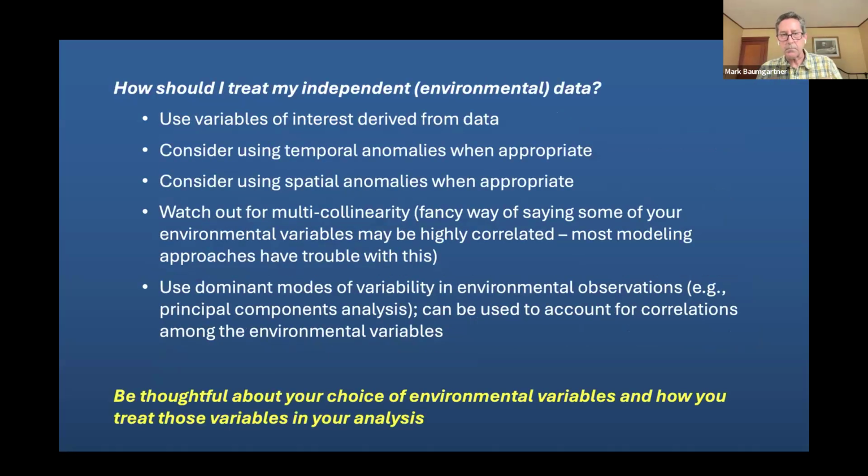Okay, so how should I treat my independent data? There are a couple of things to think about. One is that you're going to choose variables of interest derived from your data, meaning you're going to process your data, and you're not just going to stick in every single temperature measurement that you took from the sea surface to the sea floor for the 6 years of data that you have.